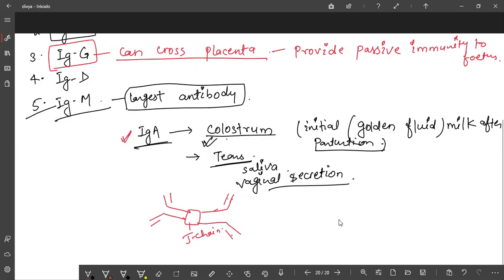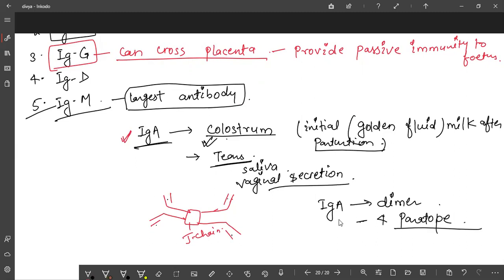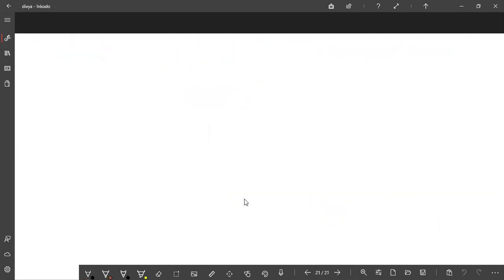One, two, three, and four. So IgA is a dimer and has four paratopes. And next is IgM. IgM is the largest antibody.